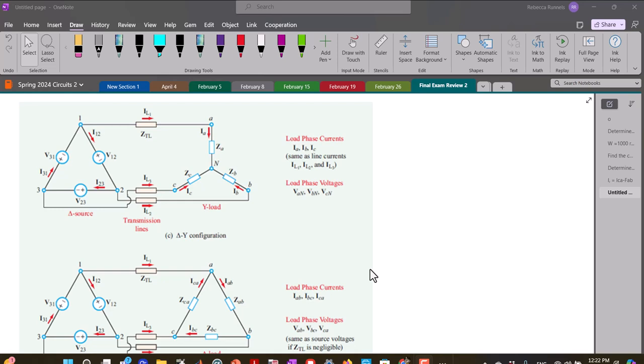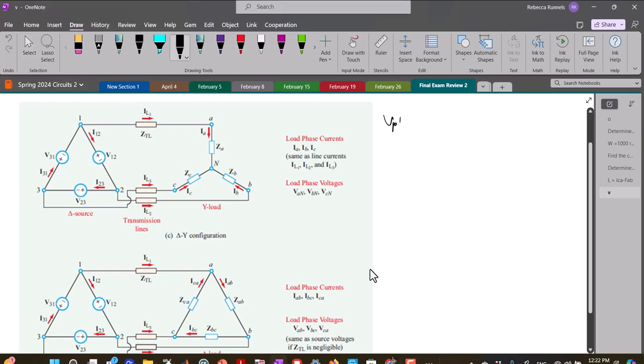Okay, to answer a question I got by email: the question was, in the delta configuration, why is V phase equal to V line?